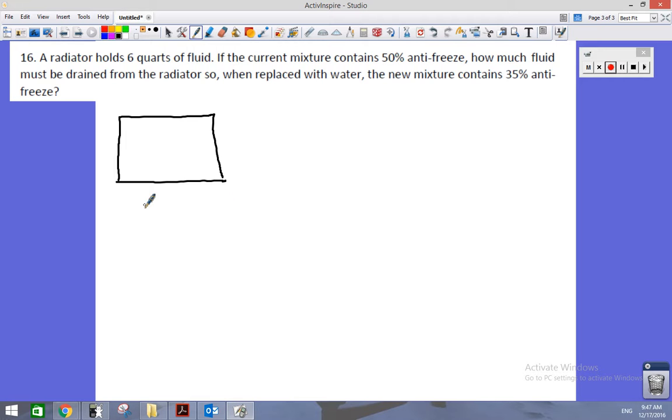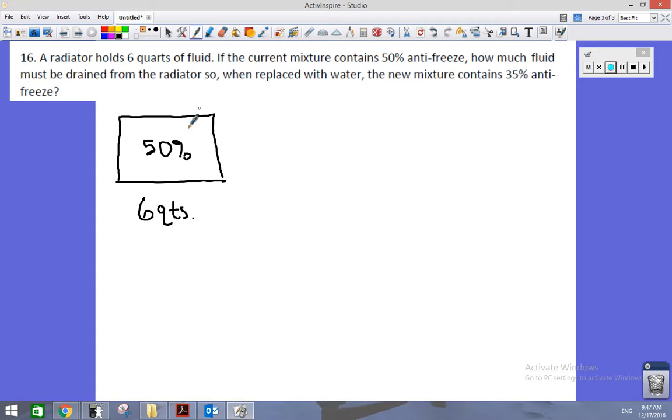So this holds 6 quarts of fluid, and that's what we want to have in it, 6 quarts of fluid, not many more, not any less. Right now, if you measure the concentration of antifreeze in the radiator, it's at 50%. And what they'd like to do is to dilute that 50% to 35%. Well, it's already full.